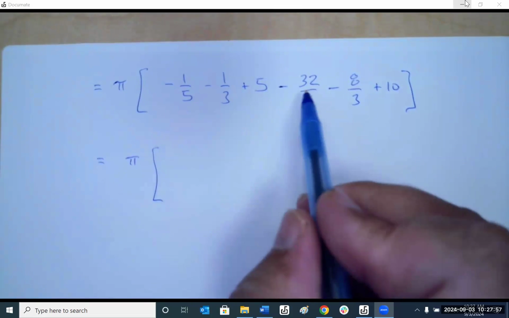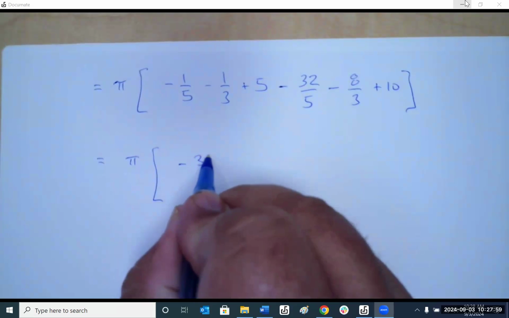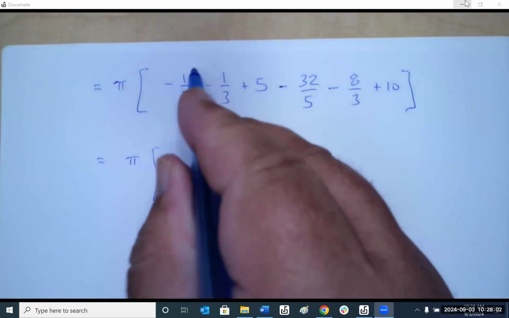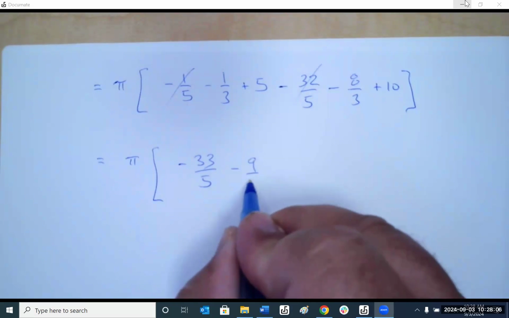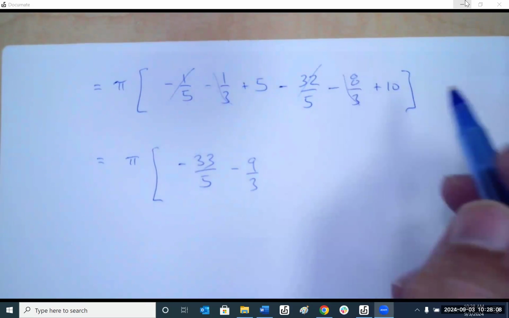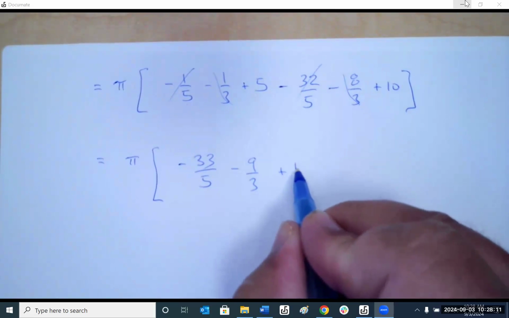Negative 1 over 5 minus 32 is negative 33 over 5. Negative 1 over 3 minus is negative 9 over 3 plus 15.